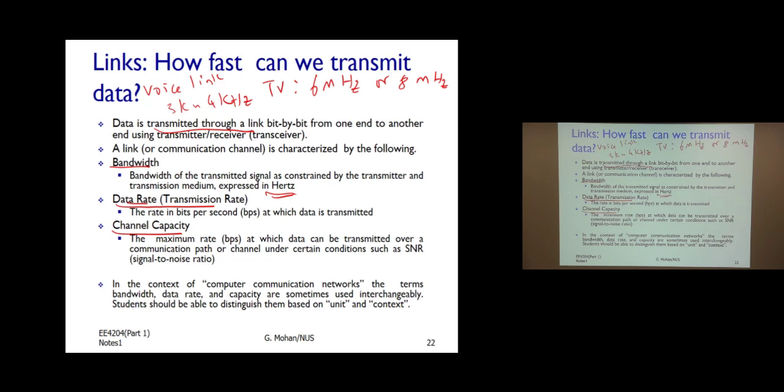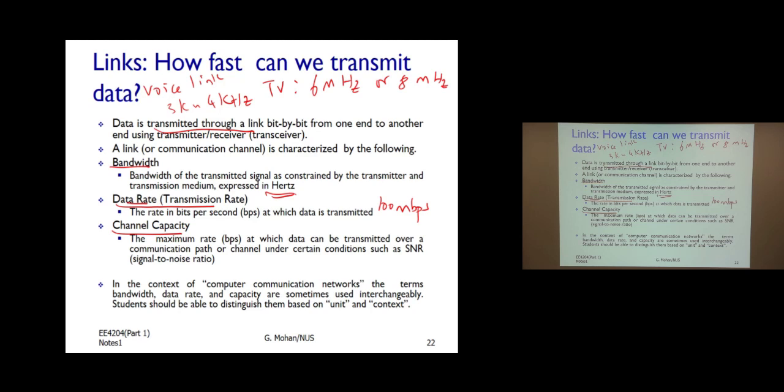So for example, if you have, let's say, a 100 Mbps link, or let's say a 1 Gbps fiber broadband link in our home, that means 100 Mbps means 100 million bits can be transmitted in 1 second. Usually our computers come with a 100 Mbps interface. So you can transmit at the rate of 100 million bits per second.